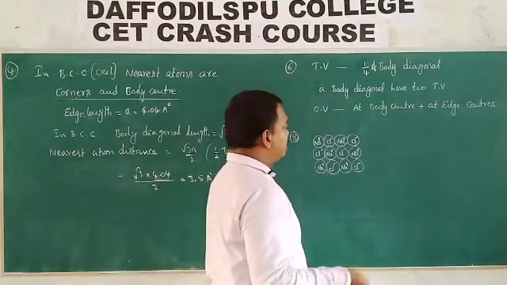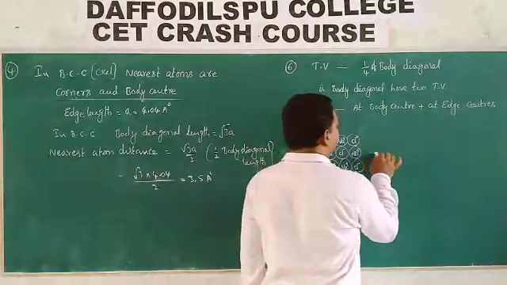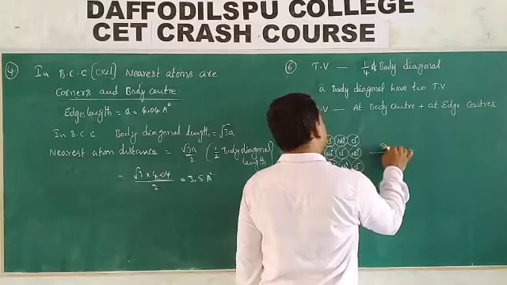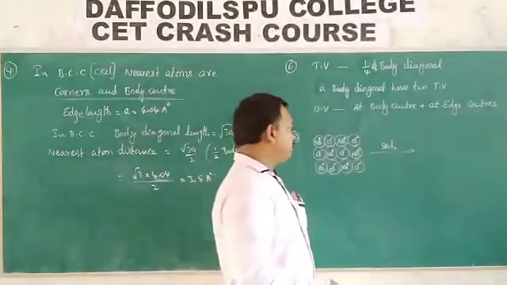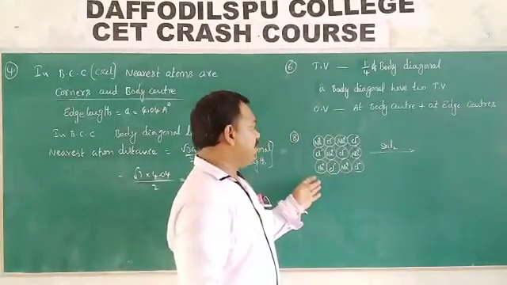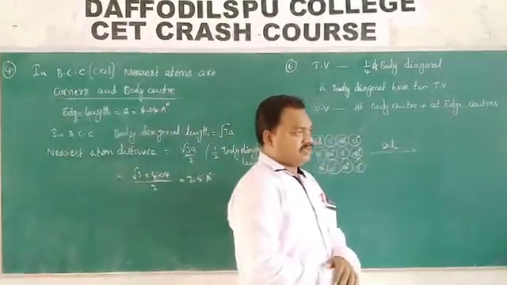This sodium chloride crystal is doped with strontium chloride. That means some impurities are added to the sodium chloride crystal.